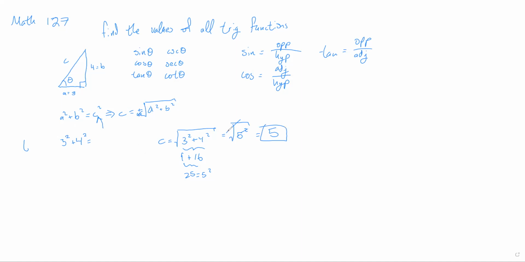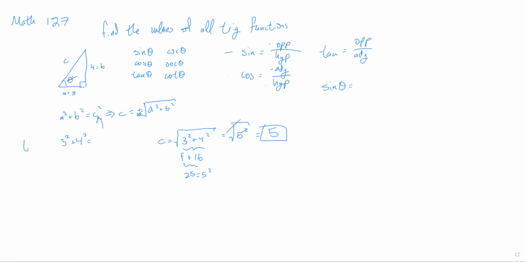Okay, so now that we know that, we need to compute sine, cosine, and all the other values. That's basically everything we need to set up for this. We have the opposite, the hypotenuse, the adjacent, and everything else we need. Okay, so now we just plug it in. Sine theta equals opposite over hypotenuse.